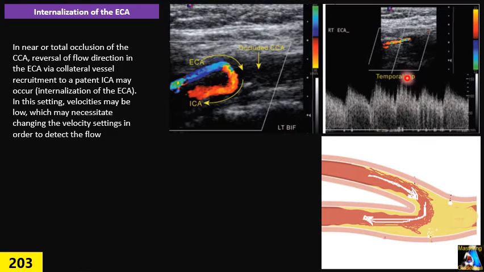In these cases, we have to make sure that it is really ICA or ECA with the temporal tap, and the spectral Doppler pattern will be low resistance. Depending on whether we have any stenosis at the ECA or not, we can have high velocity or low velocity. Just in those cases with occluded or close to occluded CCA, always remember and evaluate for this phenomenon.